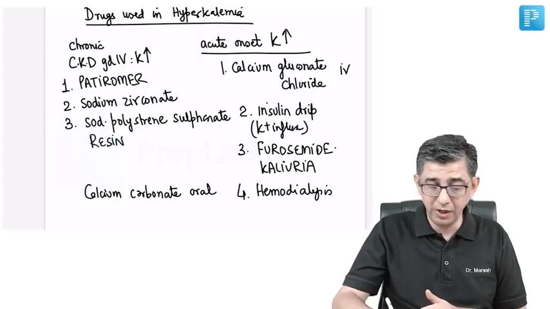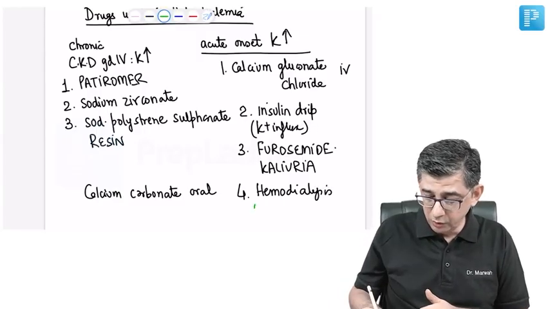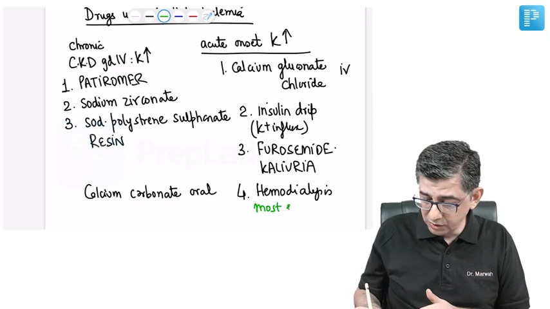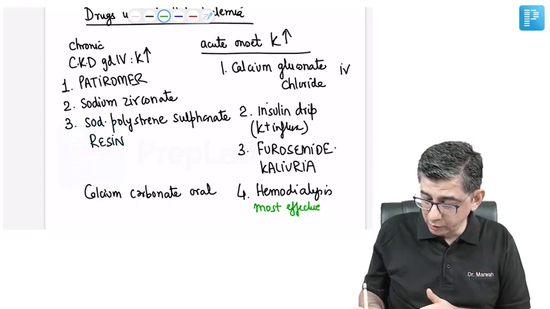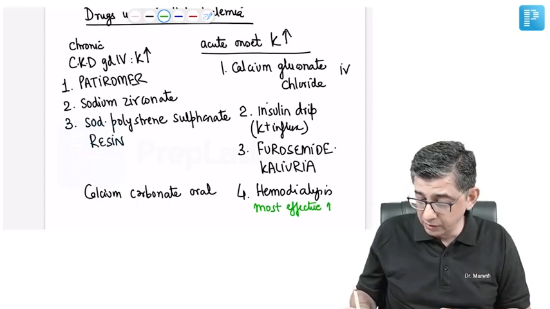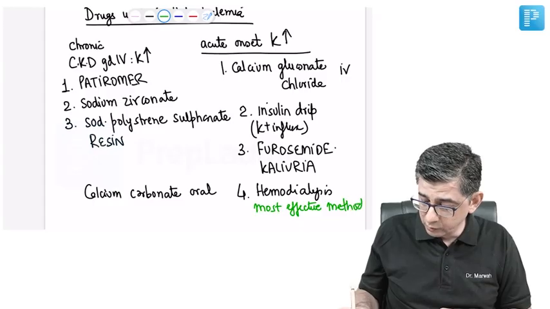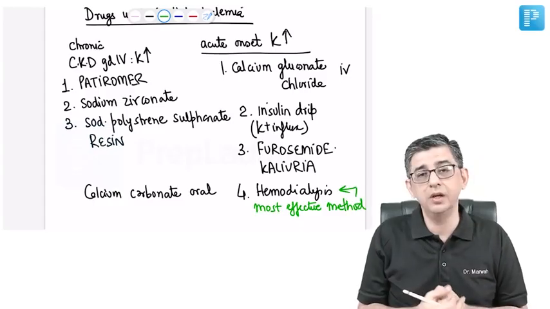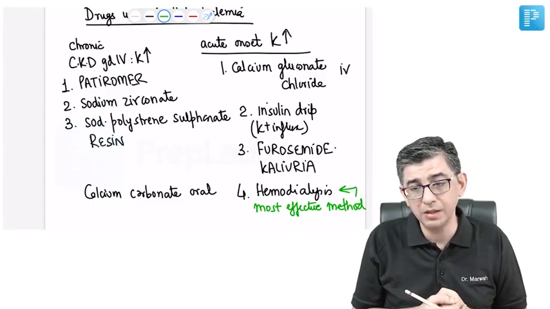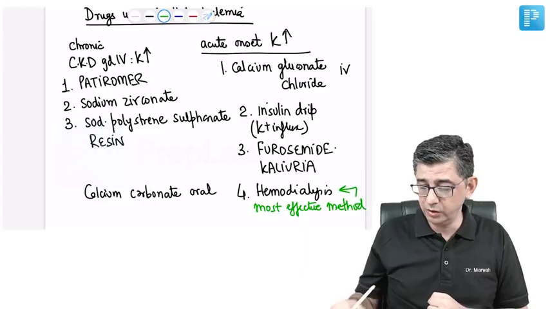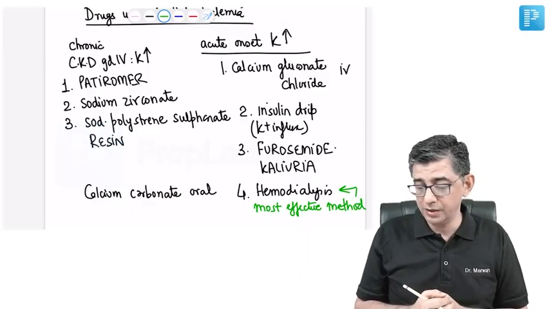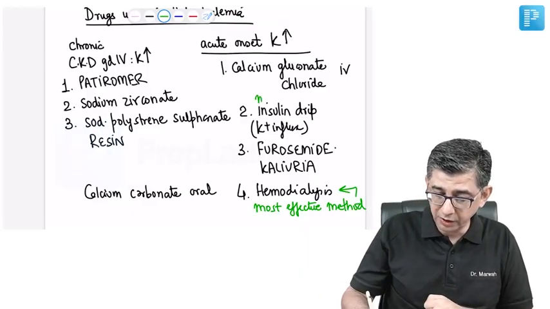So if the question's language is like this, that if he says, which of the following is the most effective method? Now look at the terminology, pay attention to the words here. If he says, which of the following is the most effective method to control hyperkalemia, the answer would be hemodialysis. But if the question is not using the words most effective method, but is rather using the words most effective drug, then the answer will vary.